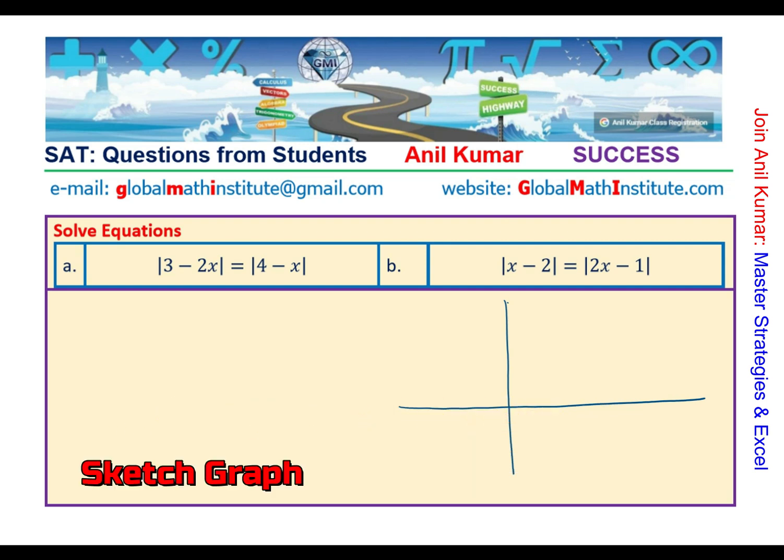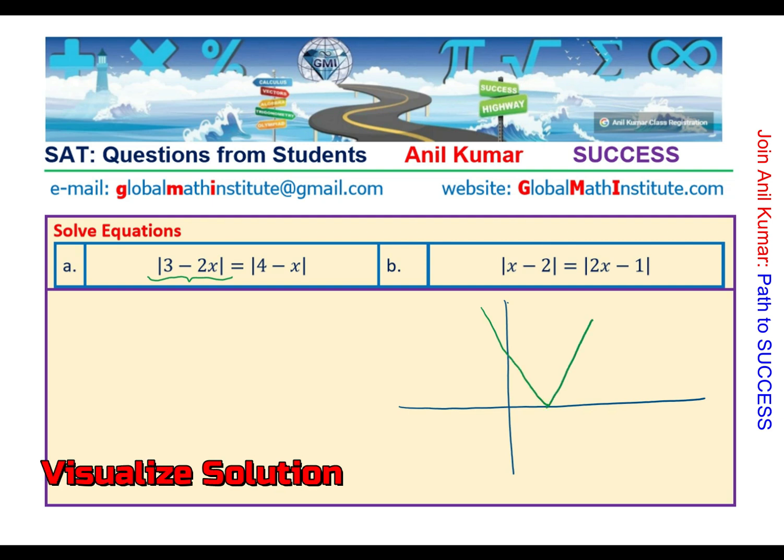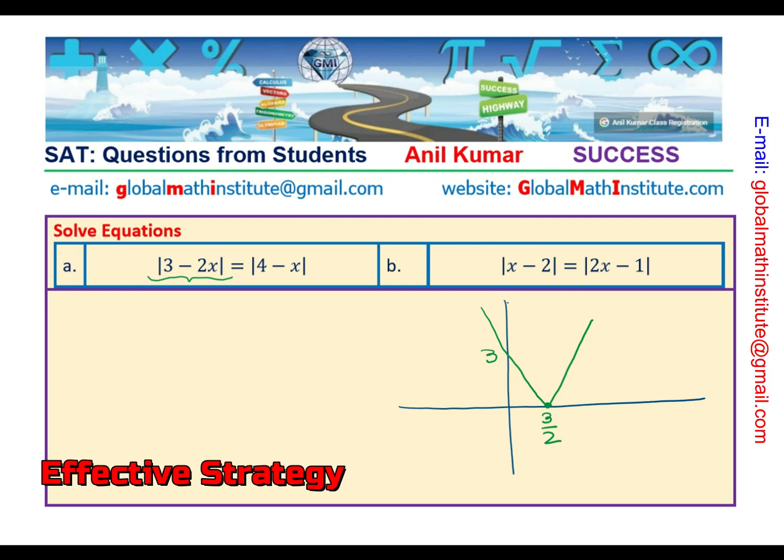So if we talk about absolute value of 3 minus 2x, it will be something like this, where the x-intercept is going to be 3 by 2, and the y-intercept, when you plug in x equals 0, will be 3.